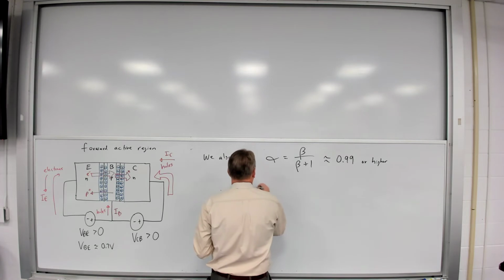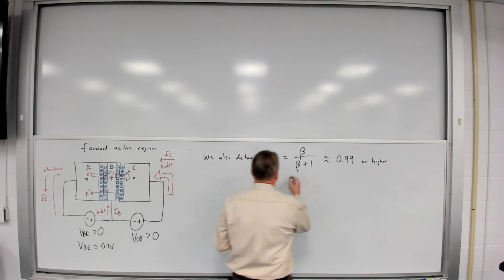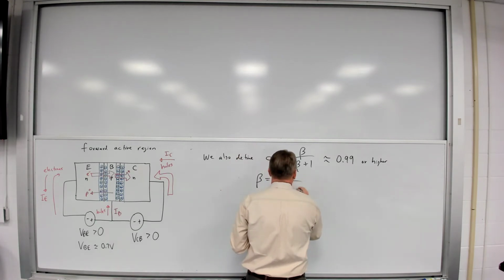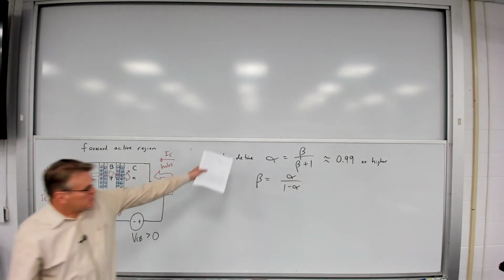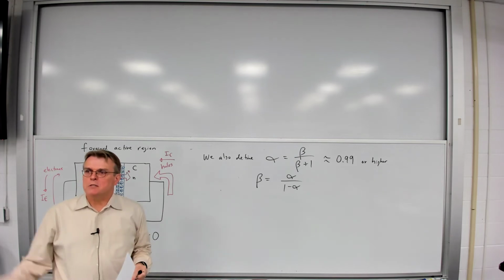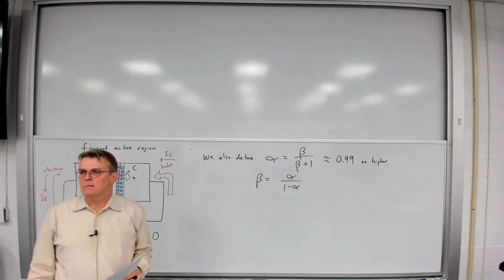Or I can say that beta is equal to alpha over 1 minus alpha. And so again, you will see alpha and beta both used in these transistor equations.